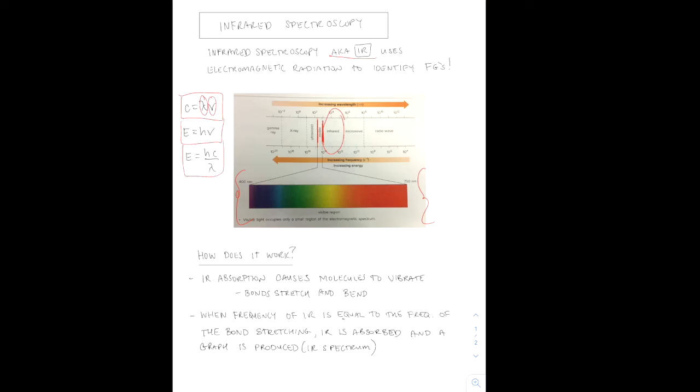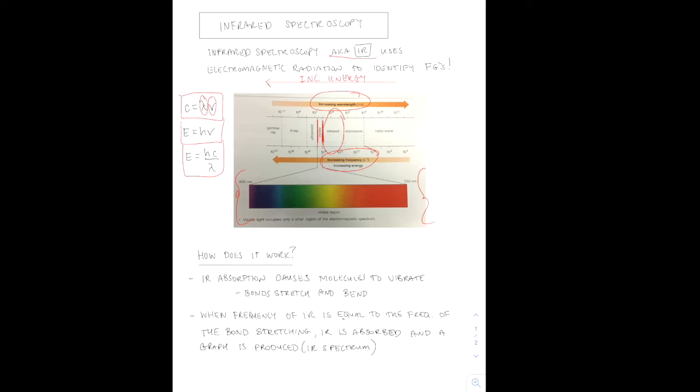Also, energy can be rearranged to give you E equals hc over lambda, and from this information we can see that as we go from left to right, we have an increase in the wavelength, and as we go from right to left, we also have an increase in frequency. And in addition to this, as we go from right to left, we also have an increase in energy. Okay, so as we have an increase in frequency, we also have an increase in the energy.